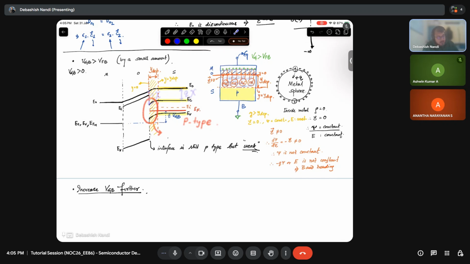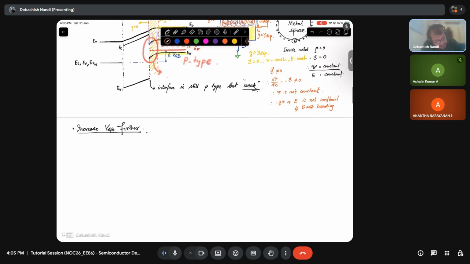Okay, let us take one case. Let's say this is metal oxide semiconductor.